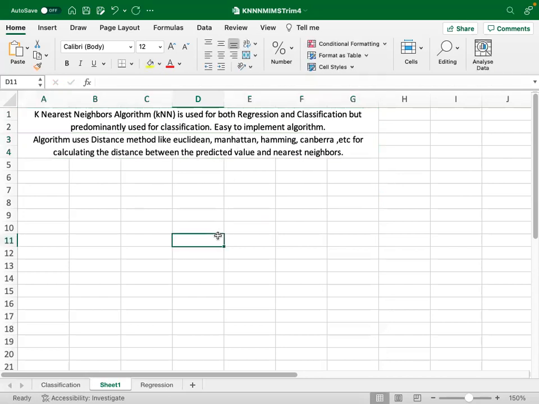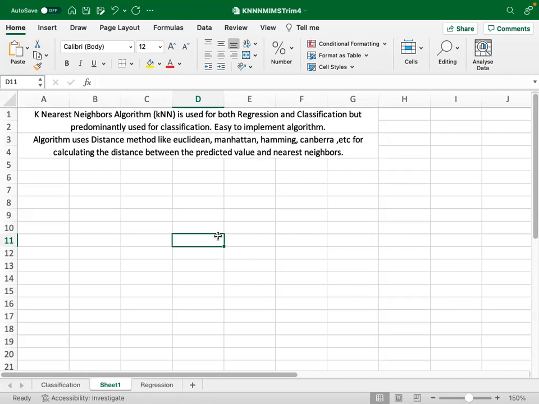It uses a distance-based algorithm. Till now, we have not discussed any distance-based algorithm. This is the first distance-based algorithm. We have different sets of algorithms, right? Multiple linear regression and binary logistic regression are based on matrix multiplication and matrix calculations.